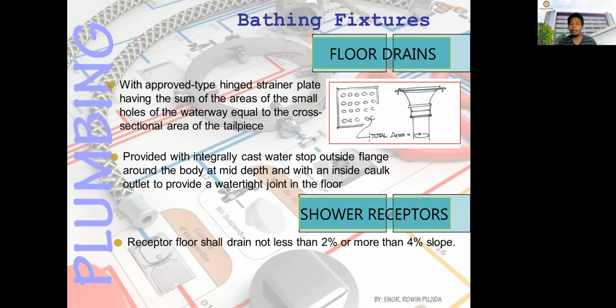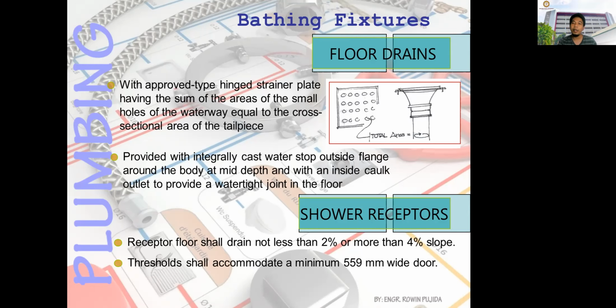And by the way, if you have a shower receptor in your toilet and bathroom, you should have at least a shower drain and a floor drain for the water that flows from the water closet area. Since the shower receptor is a closed area, you can have another drain which is called the shower drain. The threshold shall accommodate a minimum 559 millimeter wide door.